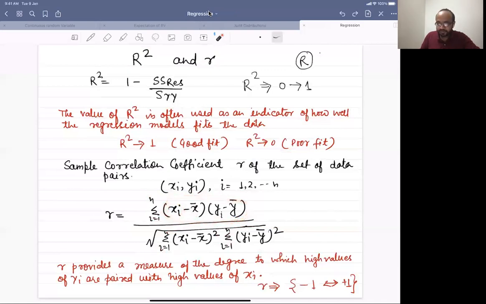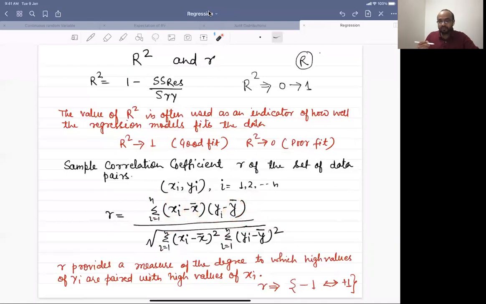If one of them is smaller than the respective mean, whether xi becoming lesser than x bar or yi becoming lesser than y bar, this quantity is going to become negative. What does that mean? If xi is becoming larger, and at the same time the corresponding values of yi's are also becoming larger with respect to the mean.